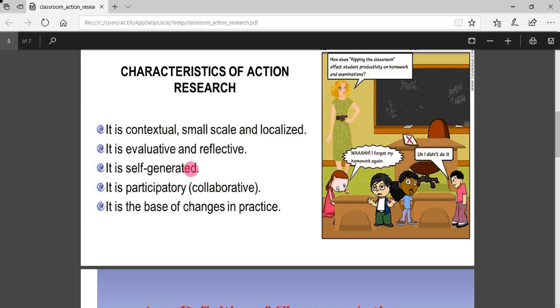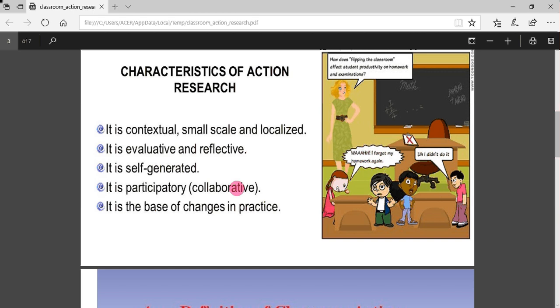But classroom action research is also possible to conduct as participatory or collaborative research. You and your friends, for example, a group of English teachers in a certain school, all together conduct research focusing on your subject, English teaching, for example, in third year students.